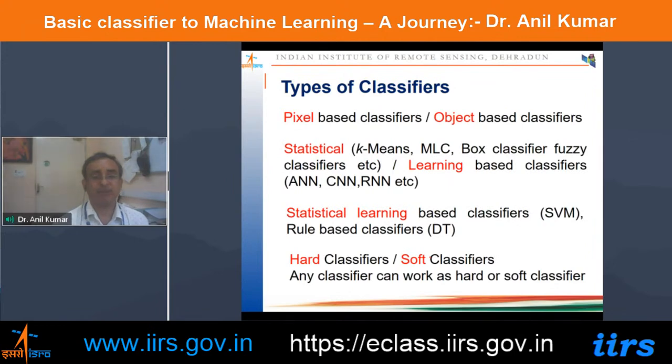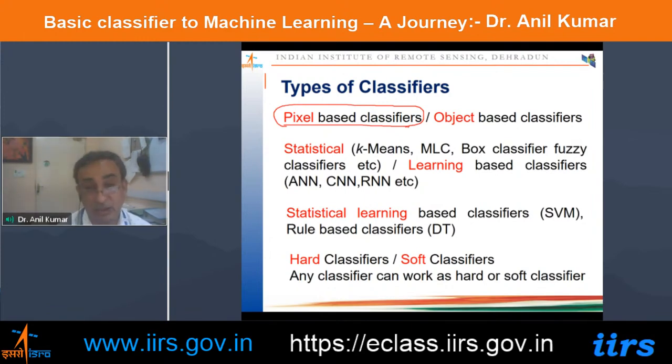Then the types of classifiers we can see in different categories. Pixel-based classifiers use color information of a given image. The machine learning algorithms are generally designed to use color, and they are basically pixel-based classifiers. But we can take more parameters from the image, not in place of color.